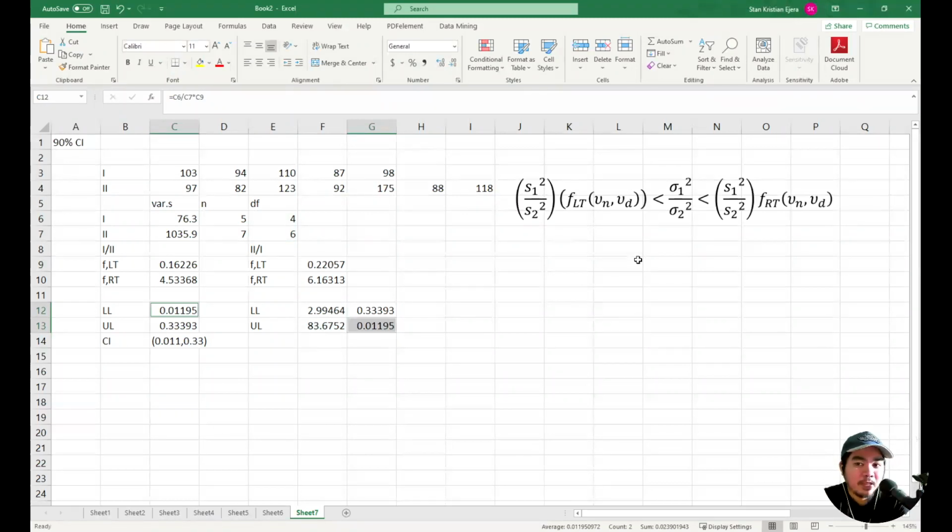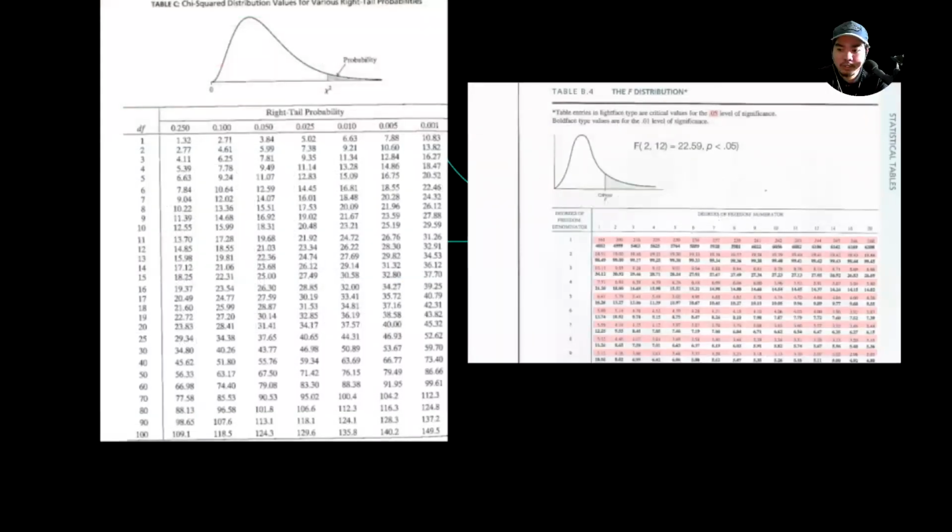Tama? Kasi kung ang fraction ko is yung sigma 1 over sigma 2 or yung variance 1 over variance 2 lies between 0.011 and 0.33, then kung binaliktad ko yon, yung ano tawag dito? And this is what I think you learned from math na siguro, no?